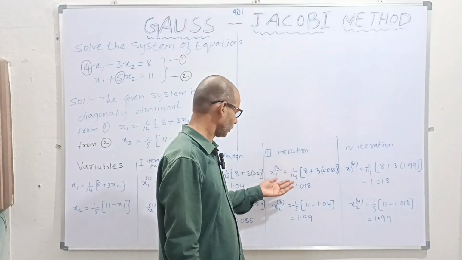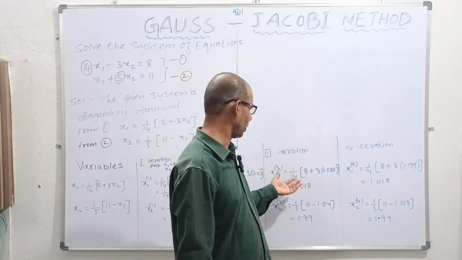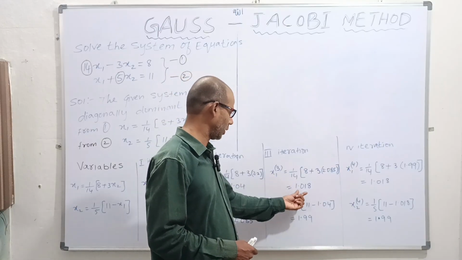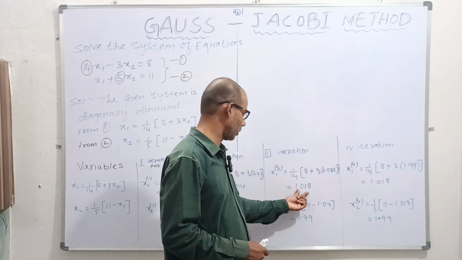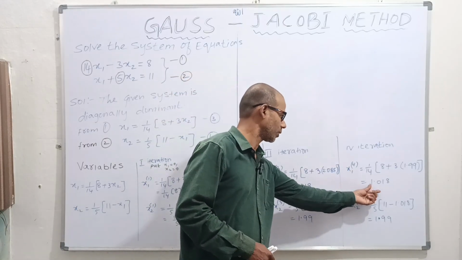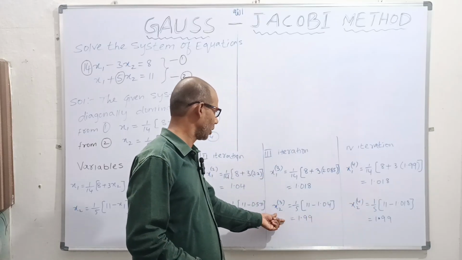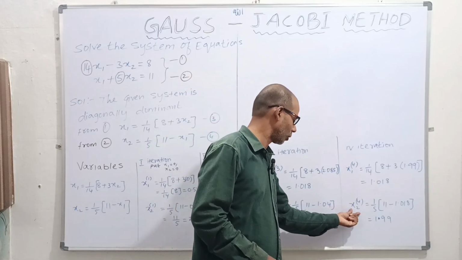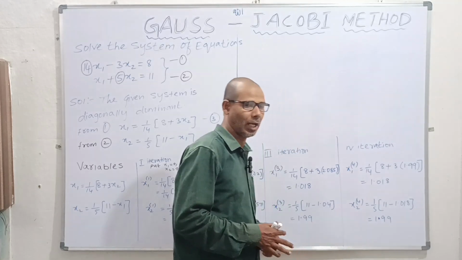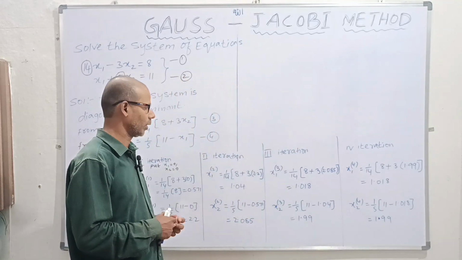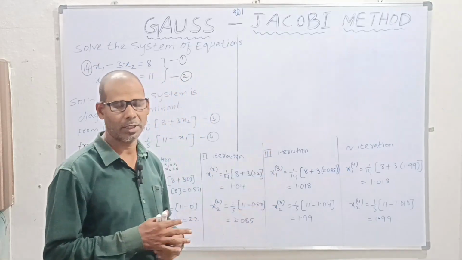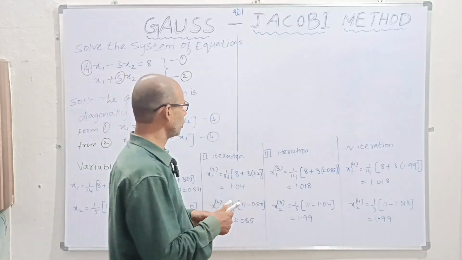As the values of x1 and x2 from the third and fourth iterations are repeated, we stop.